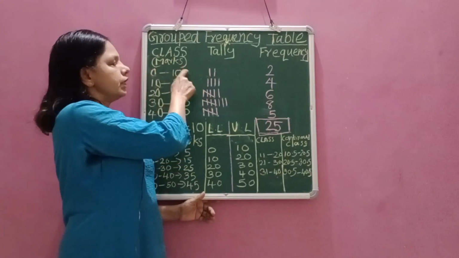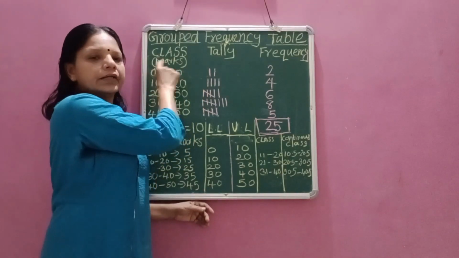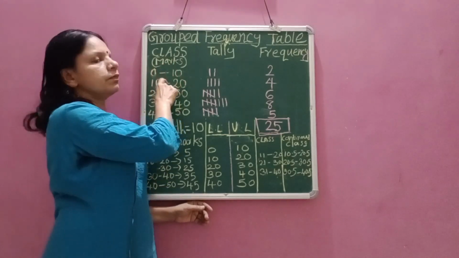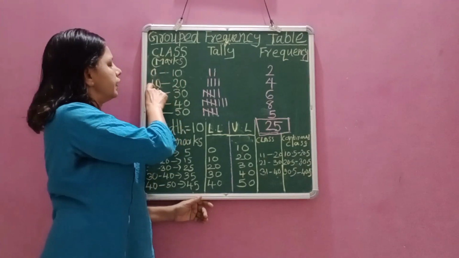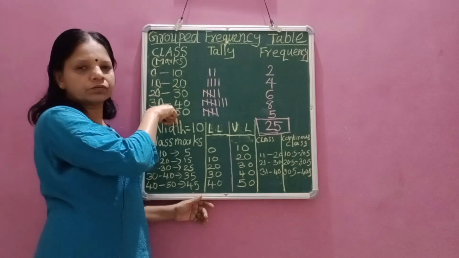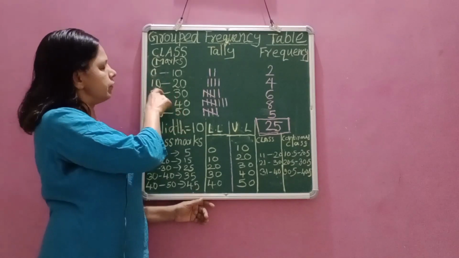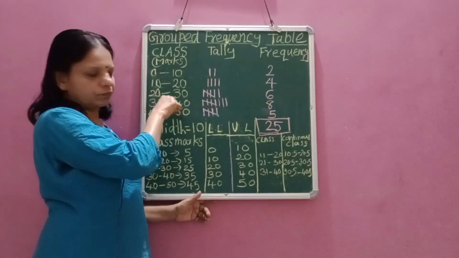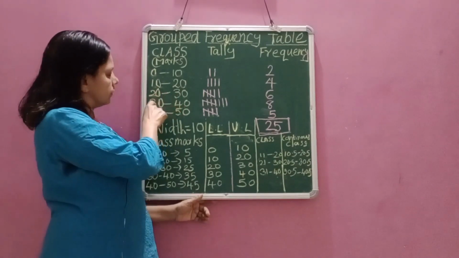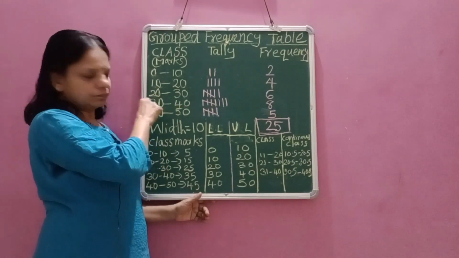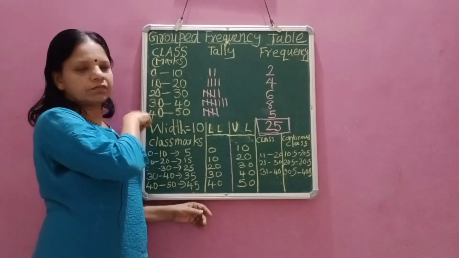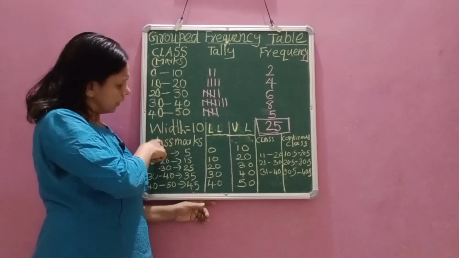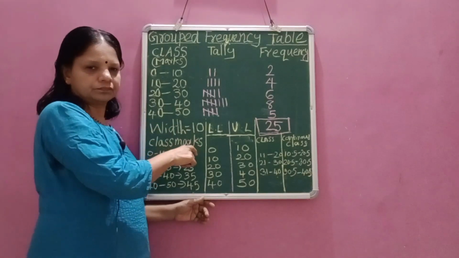So average of the limits means you have to add the limits and divide by 2. So 0 plus 10 divided by 2, 5. 10 plus 20, 30 divided by 2, 15. Next will be 25. 20 plus 30, 50 divided by 2. 30 plus 40 divided by 2. 40 plus 50 divided by 2. Clear? So that is nothing but class mark.